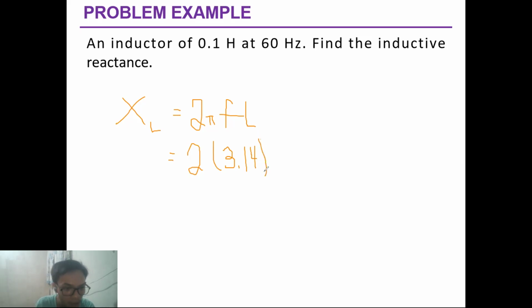So 2 times 3.14 times 60, which is the frequency, 60 hertz, multiplied by the inductance, 0.1 Henry.